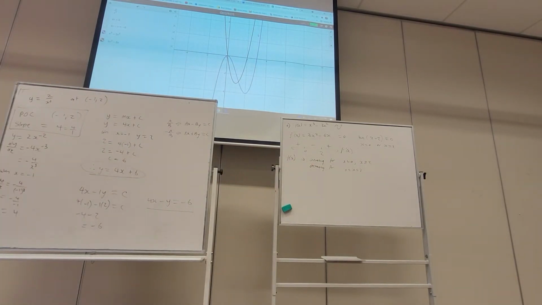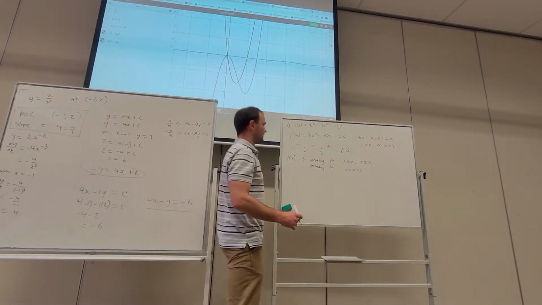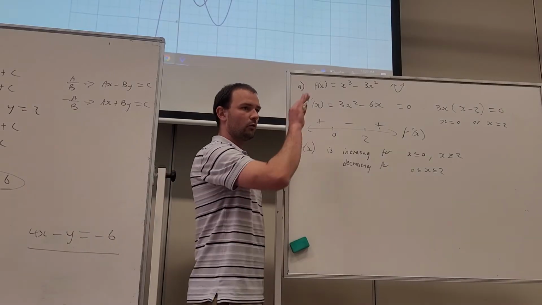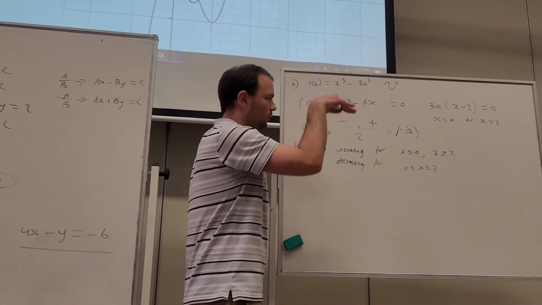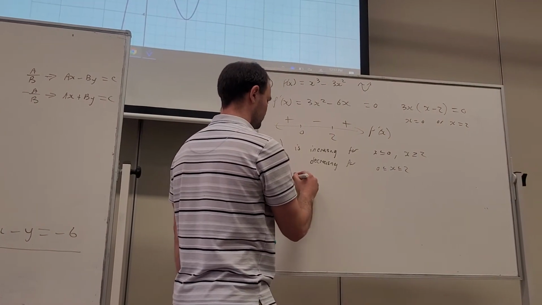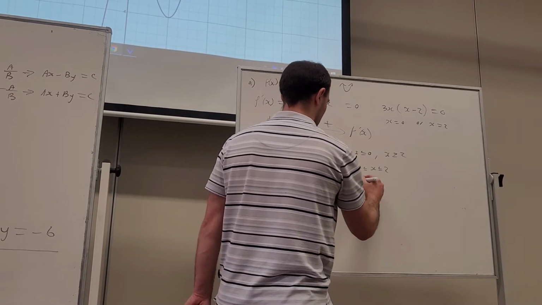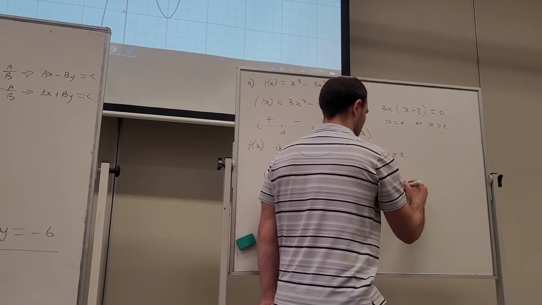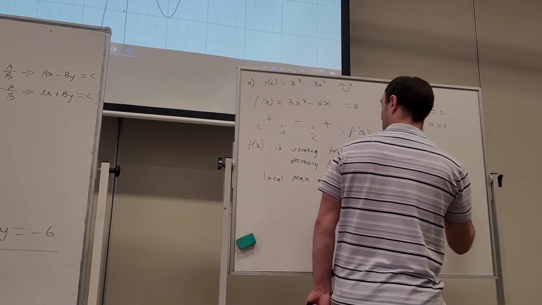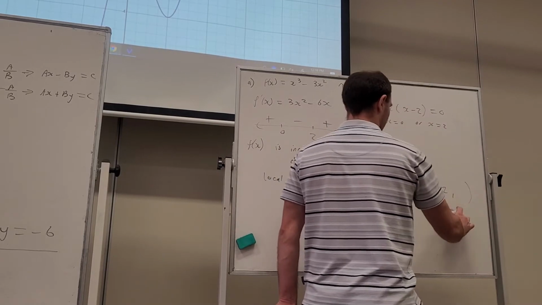Find coordinates, stationary points. Okay, so stationary points are things like local max and local min. We can see we've got a local max at x is 0 and a local min at x is 2, and then whatever that y value is.